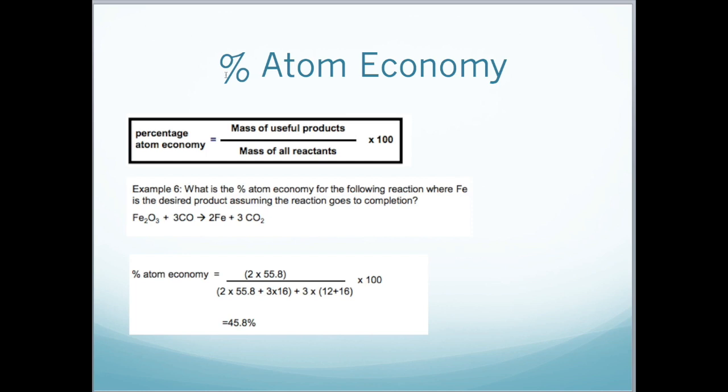So on top we need the mass of the useful product, which we're told is iron, and according to the equation we have 2 irons, so we multiply it by 2 and divide it by the mass of all reactants, so that's the RAM, and multiply that by 100, and we get 4, which is the percentage atom economy.